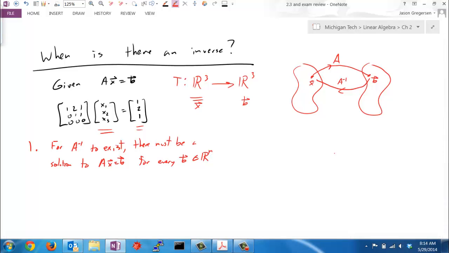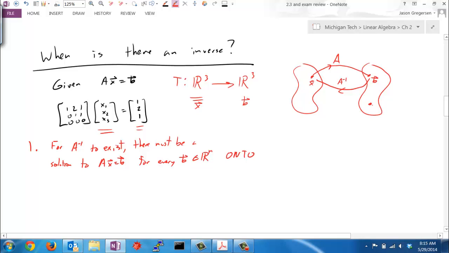There has to be an x that maps to the b for all the b's. What's another way to say that? What property is that? Onto, absolutely. So it has to be onto. There can't be an extra b hanging out here that doesn't have an x that's mapping to it.